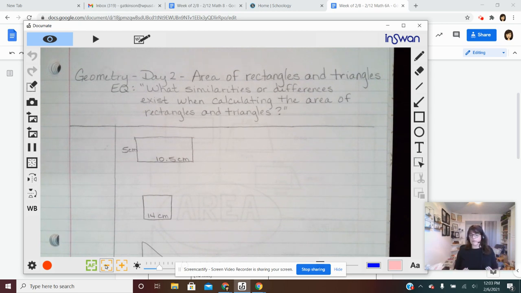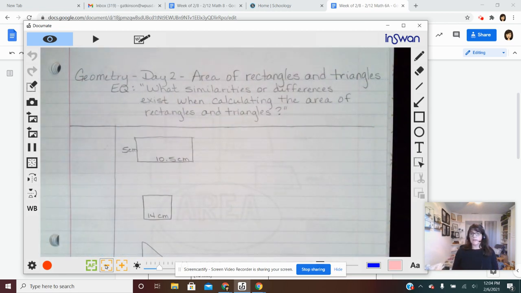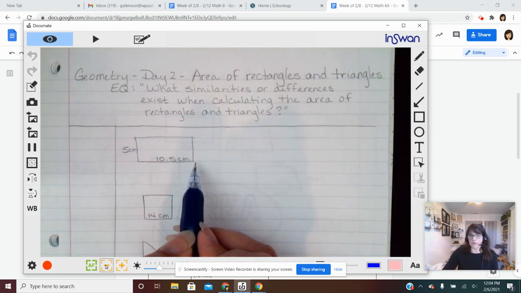Some things are different. It has to do with the relationship between a rectangle and a triangle that we just discussed. Okay, so pause if you need to, copy this down, and then when you unpause, or right now, we'll get started. So here we have a rectangle.